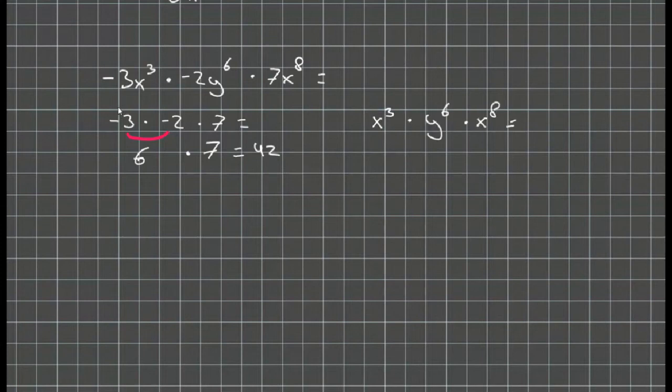What is the outcome of this? Y is not the same letter as x, so I can't just add the exponents all together. However, I do have an x here and an x here, which have exponents, and I can add those together. So what I can do is write it down like this.